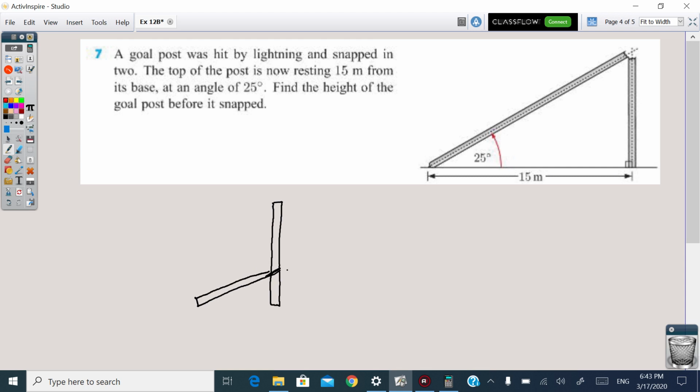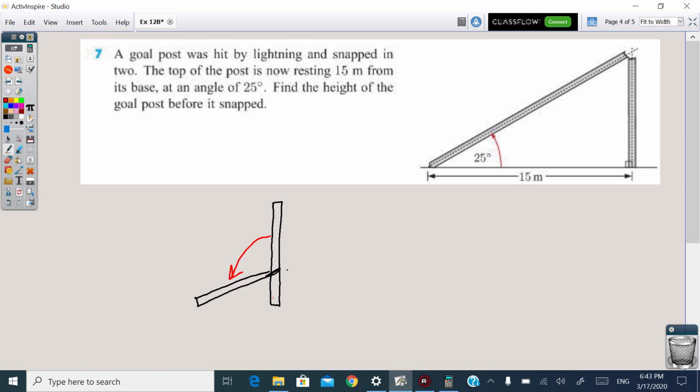So we are not talking about a football goalpost. We're talking about a rugby goalpost, like a column, and this part has fallen down to become a hypotenuse of a triangle.